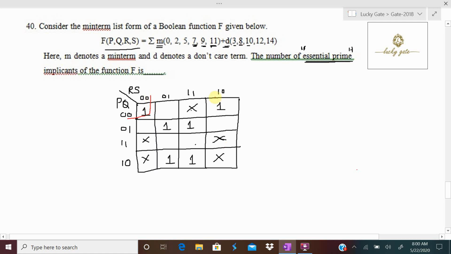This 1 is covered by the prime implicant forming a quadrant of the 4 edges of the K-map, and you can see this 1 is not covered by any other prime implicant. So whatever prime implicant is possible with this one is called an essential prime implicant, because this 1 is covered by only one prime implicant. This is the first prime implicant.